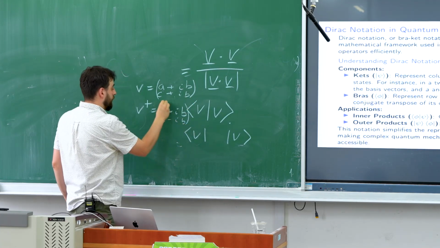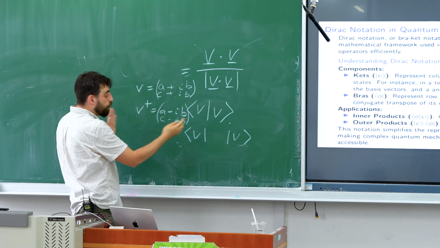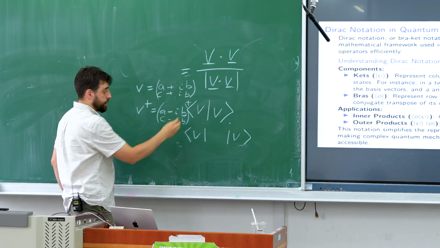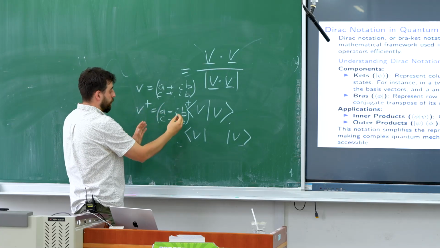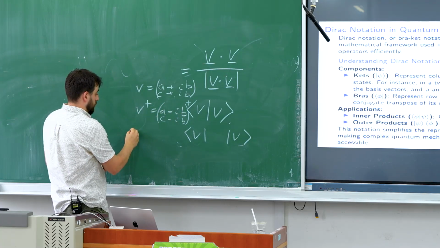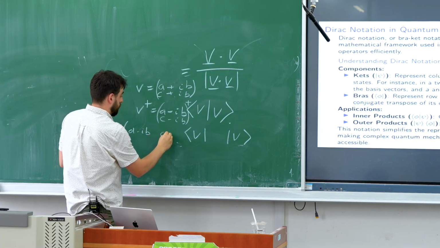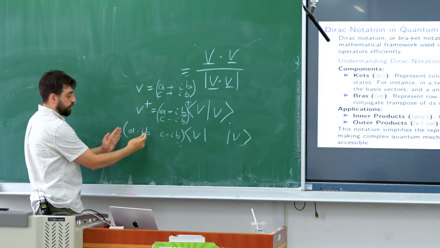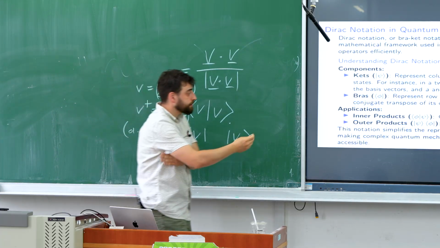This is also the row vector, so this is transposed. This is the column vector, this is the row vector. So it's just linear algebra.